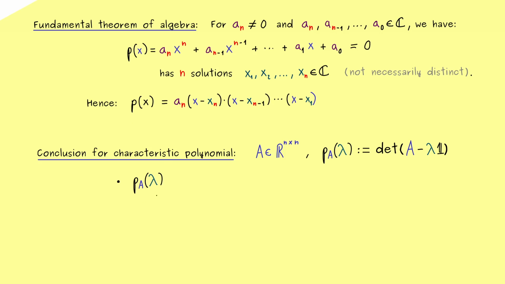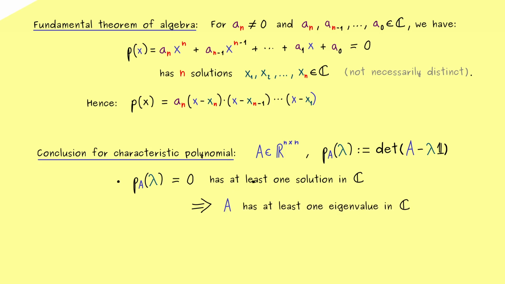First thing we can say, p_A of lambda equal to 0 has at least one solution in C. So we can't say that we always find real solutions, but we can say that we always find complex solutions. So this means if we expand everything to the complex numbers, we can conclude that a matrix always has at least one eigenvalue. However, the thing is, even for a real valued matrix, this eigenvalue could be strictly complex.